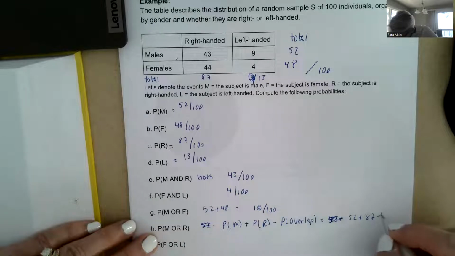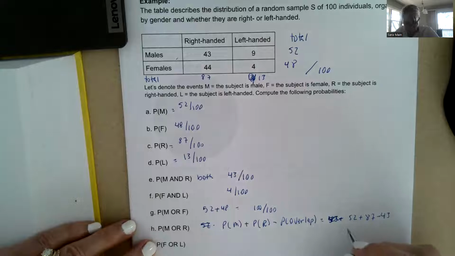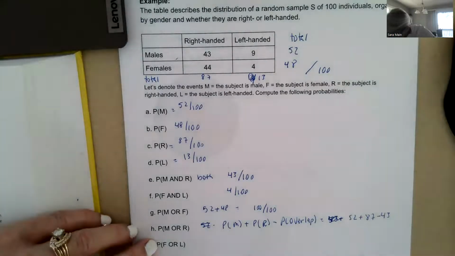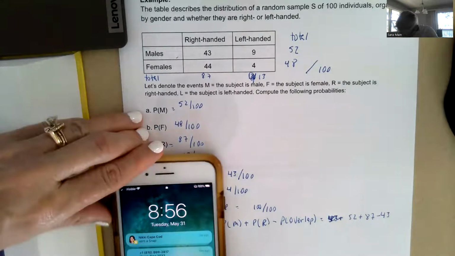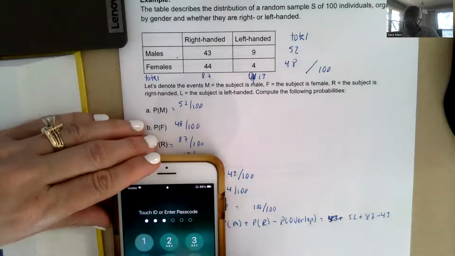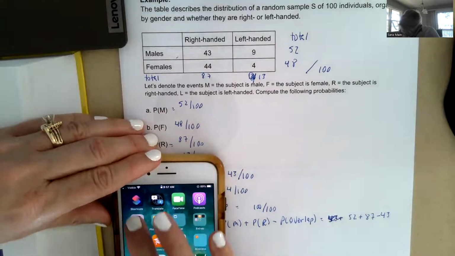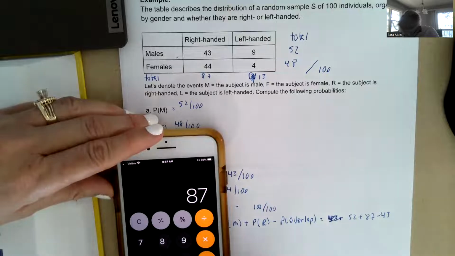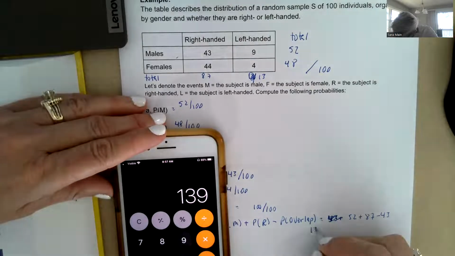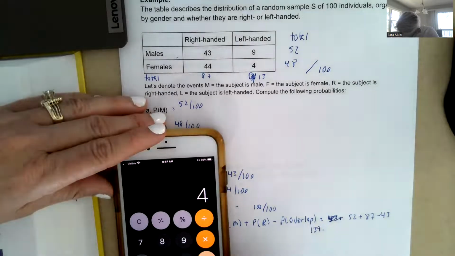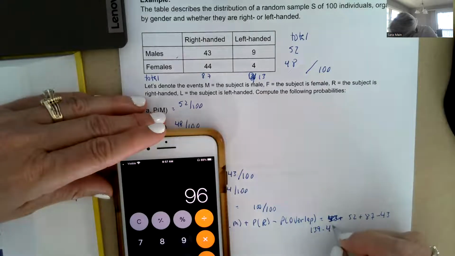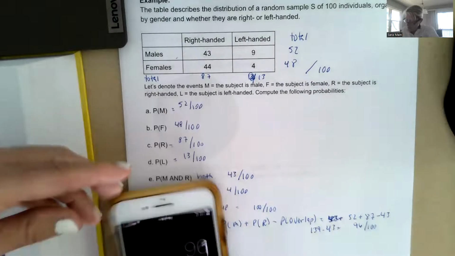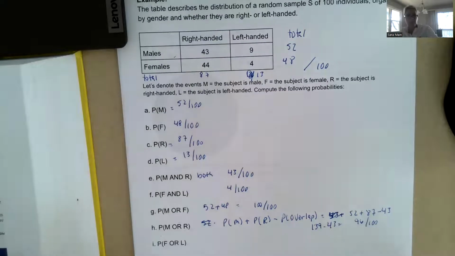And then we're going to subtract the 43 that is overlap. So 52 plus 87 is 139, minus the 43. So we have 96 out of the 100 are either male or right-handed.